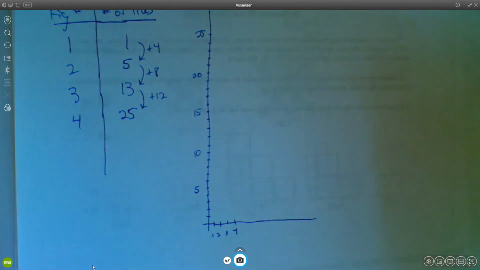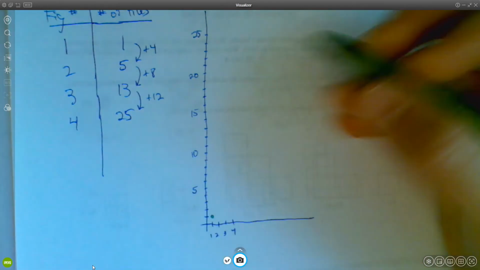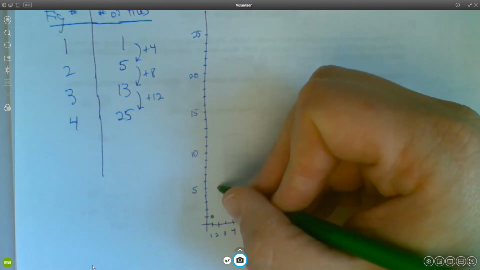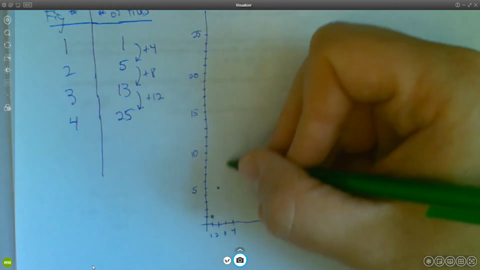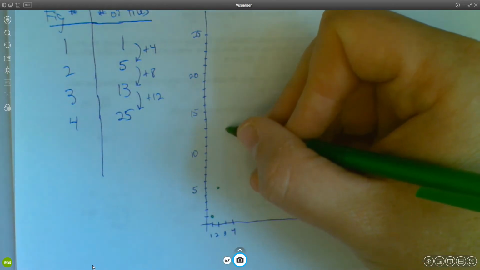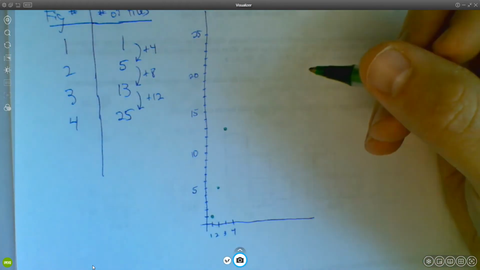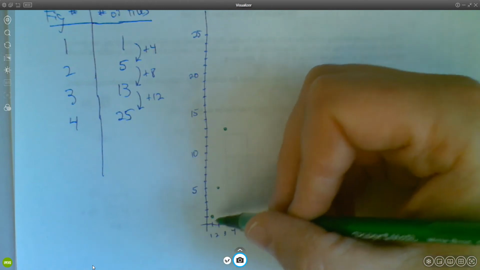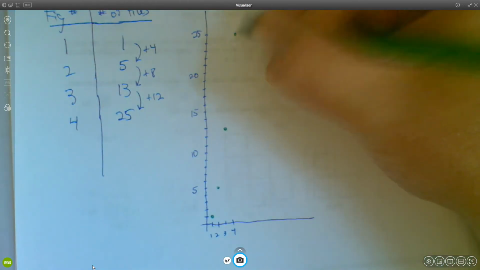Okay? So plotting the points from our table, we have 1, 1, and then we have 2, 5, and then we have 3, 13. Oh, it's maybe even hard to see when you do it this way because I've made the graph maybe too small or something, but 4, 25 puts us all the way up here.